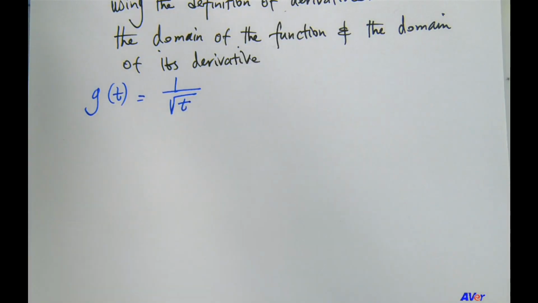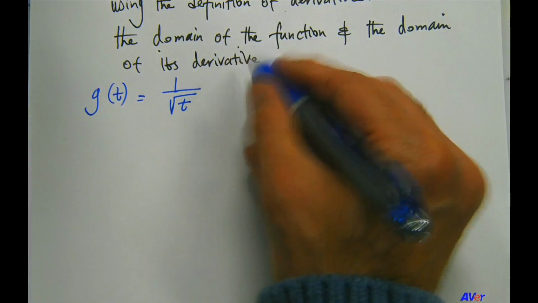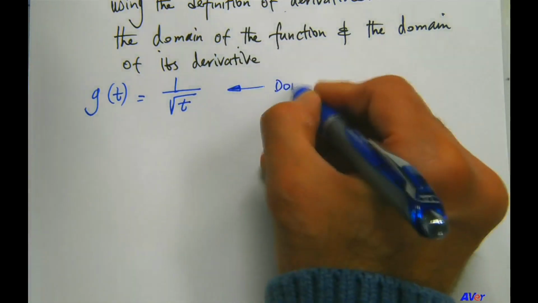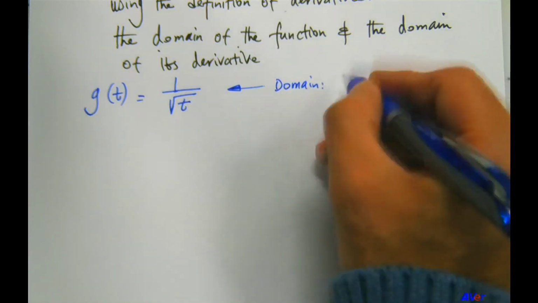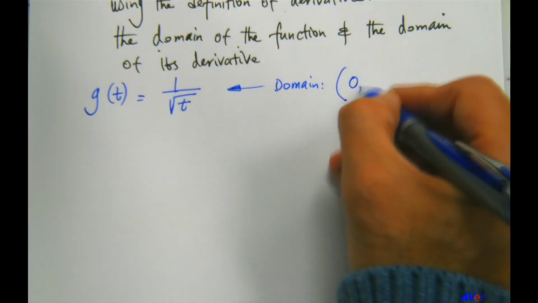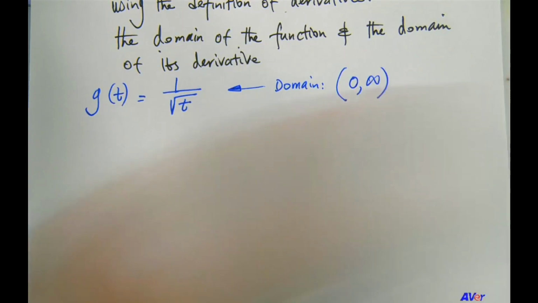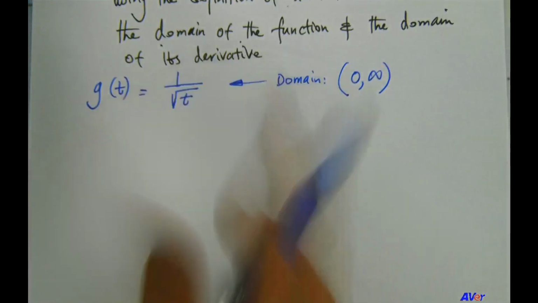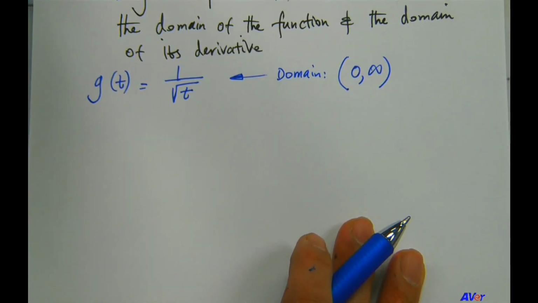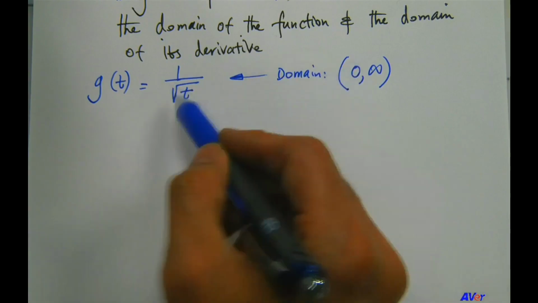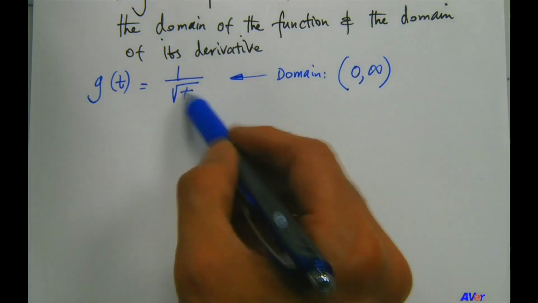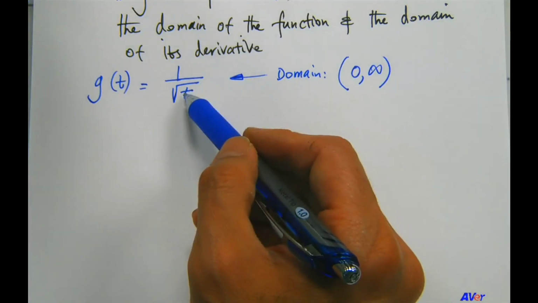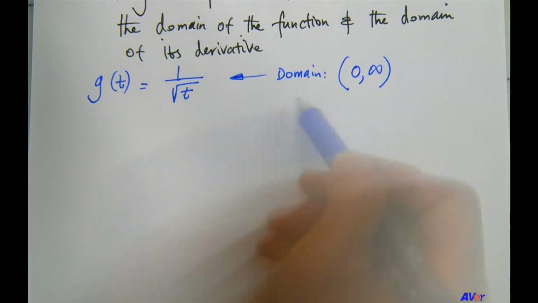So the domain of this function is anything greater than 0. It was very simple for us to give that. Because of the square root, of course, we can't have any negative values, and because this is in the denominator, we can't have 0. So it should be a positive number greater than 0, which is what this is.